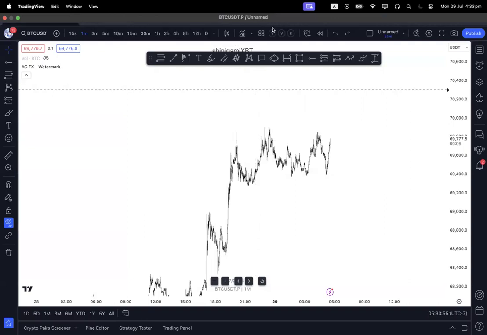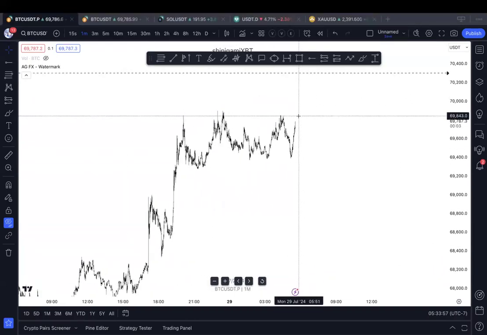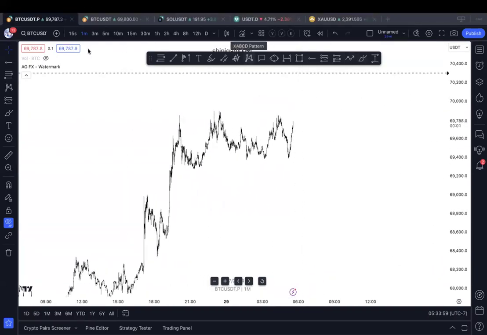Pre New York session, you mean? Usually there are volatile moves into New York session, and since we are positioned long from around this level, and I didn't completely close my trade based on the low hold that was done here, I would hold my trade, depending on some reaction that comes here or maybe here.